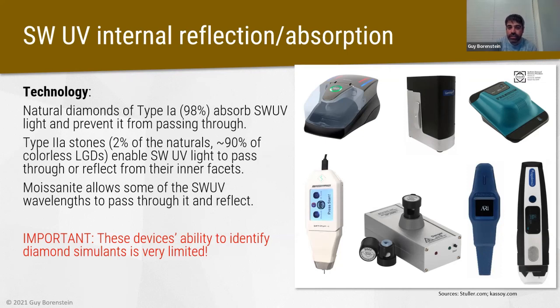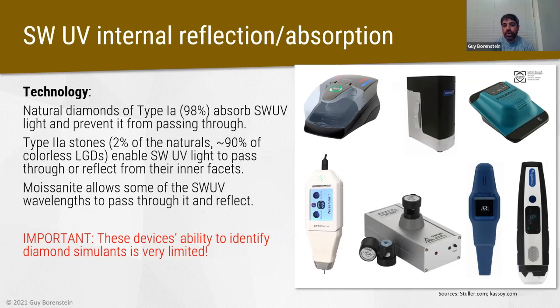In this technique, what we are actually looking for is a different effect of the aggregated nitrogen. Type 1A stones, those with the aggregated nitrogen, have a tendency to absorb shortwave UV, meaning that the shortwave UV that will be transmitted through the stone will just be absorbed inside.